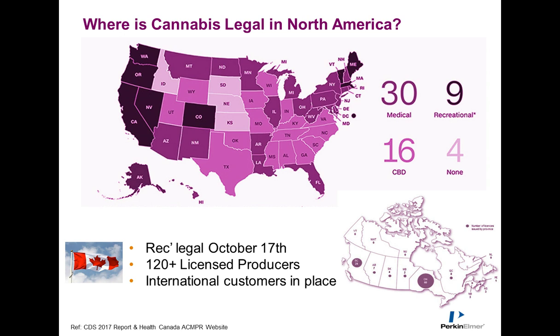This leads to a lot of science being done in laboratories across the country, and a huge amount of new scientists and technicians and engineers entering the cannabis and hemp science space.